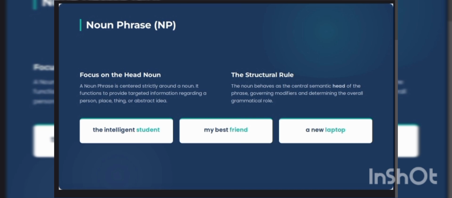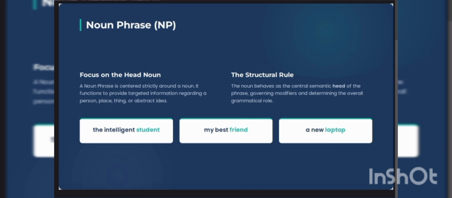In the second example, friend is the head noun. And in the third example, laptop is the head noun. The other words describe, identify, or modify the noun. Noun phrases can function as subjects, objects, or complements within a sentence. For example, the intelligent student answered the question. Here, the noun phrase the intelligent student functions as the subject.